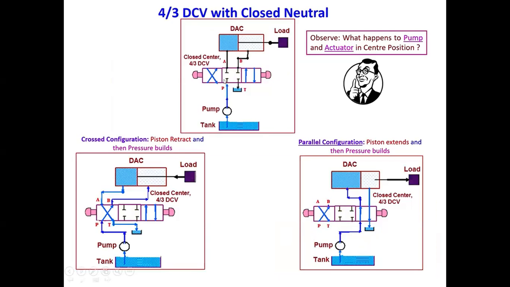Four by three DCV with closed neutral, DAC rod. DAC 4 by 3 DCV with closed neutral.